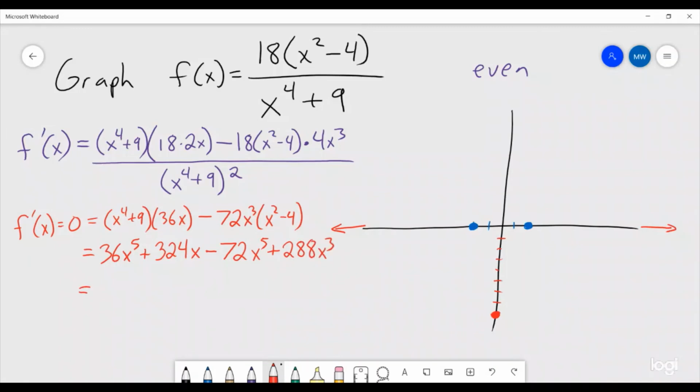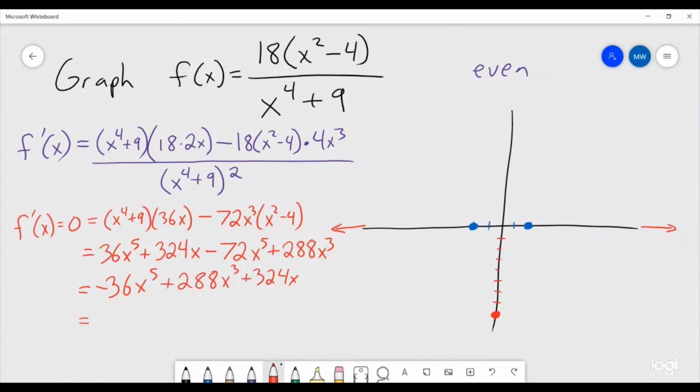Doing a little bit of simplifying here, everything is actually divisible by 9. 36x to the 5th minus 72x to the 5th is negative 36x to the 5th, plus 288x cubed plus 324x. So we can pull a 36x out from everything. Actually, I don't know if we can pull a 36 out.